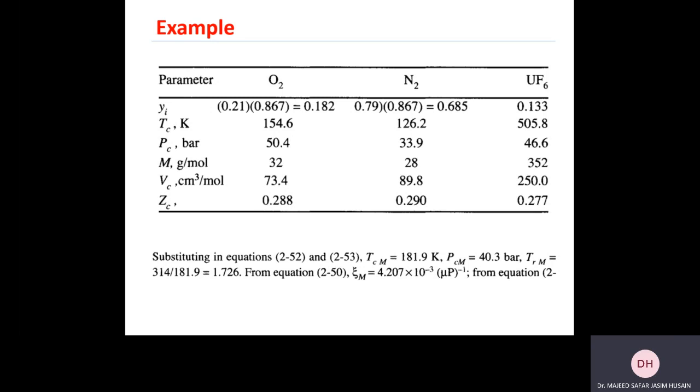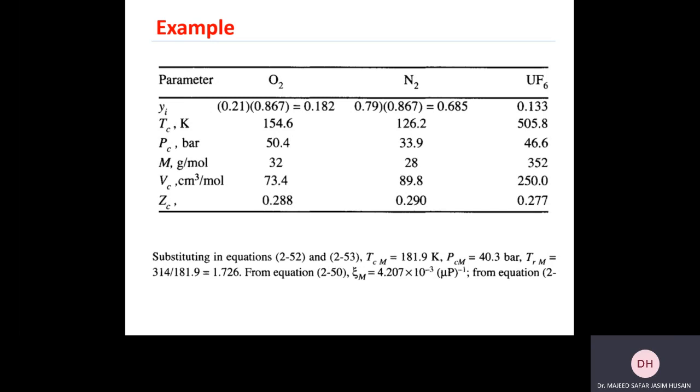So this is a kind of table explaining what's happening. You have air. Air is basically oxygen and nitrogen. 21% is oxygen, 79% is nitrogen, and the rest is UF6.